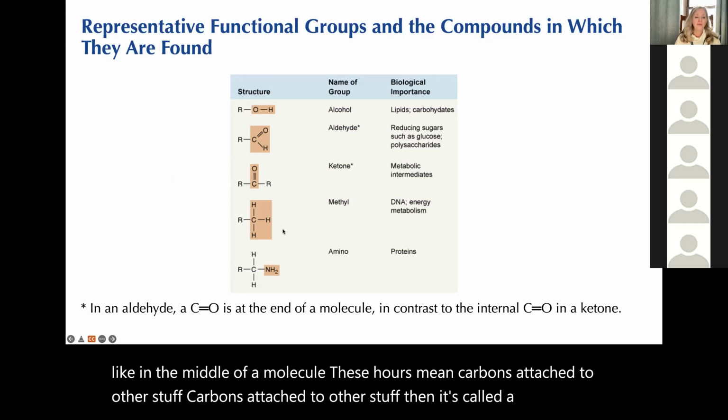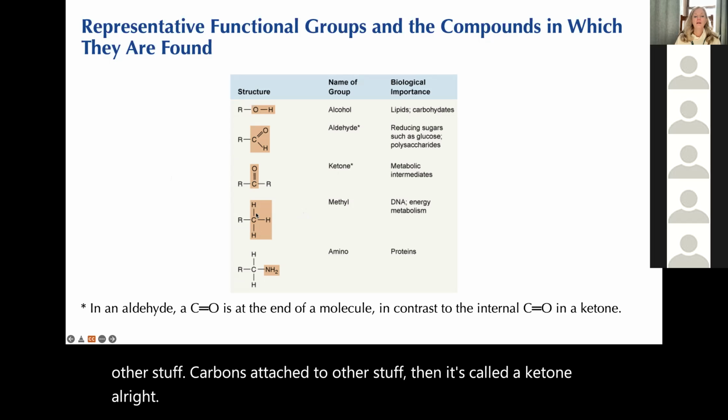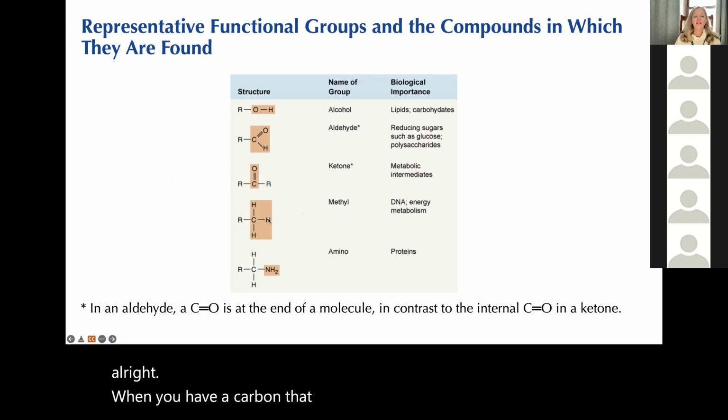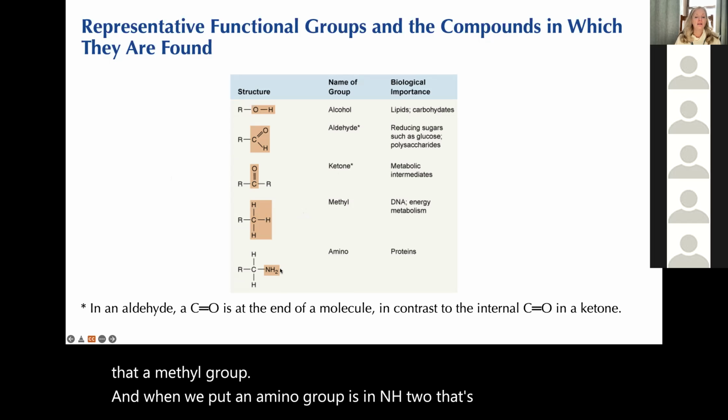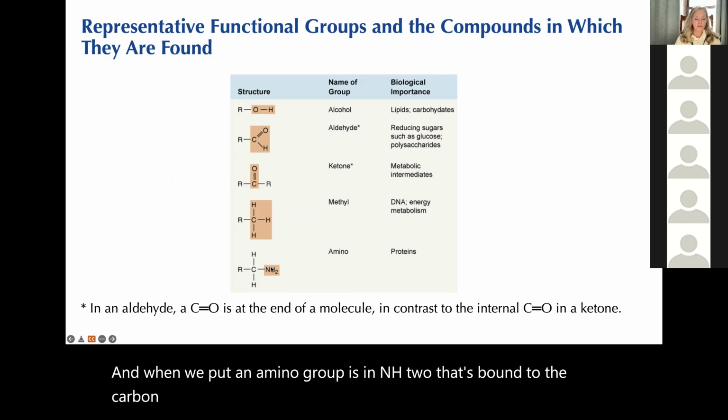When you have a carbon that has 3 hydrogens surrounding it, we call that a methyl group. And an amino group is an NH2 that's bound to the carbon.